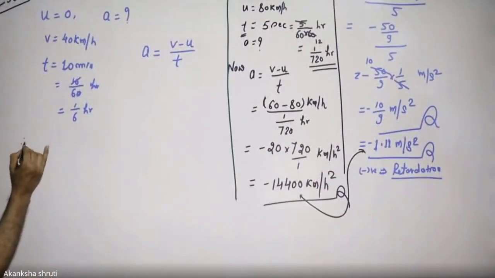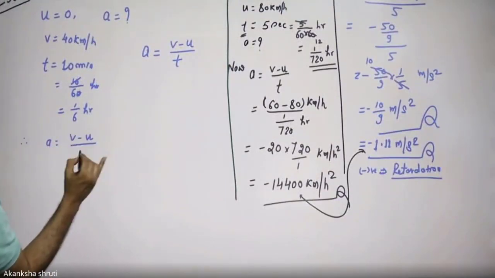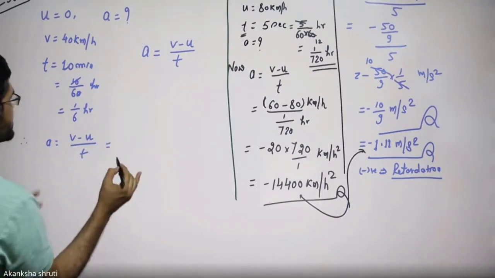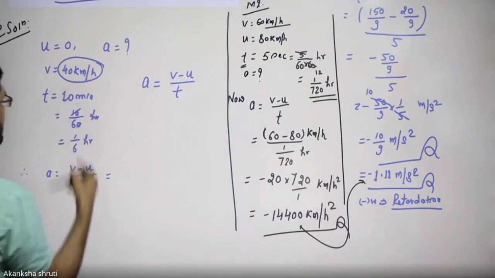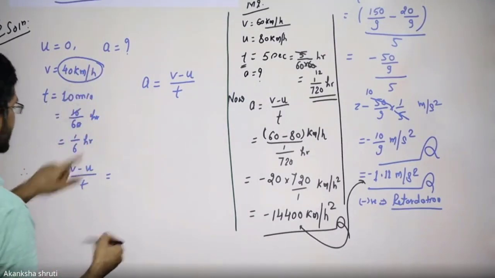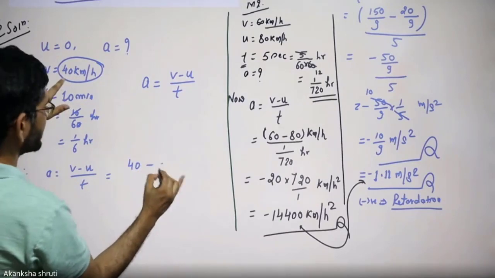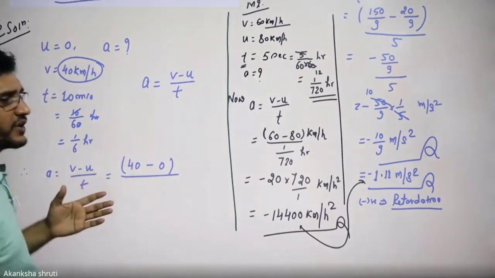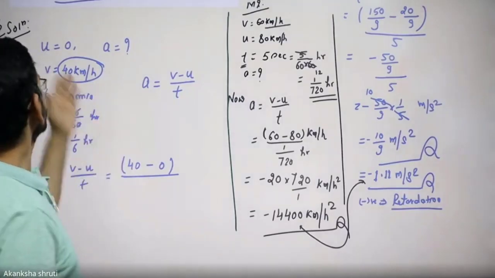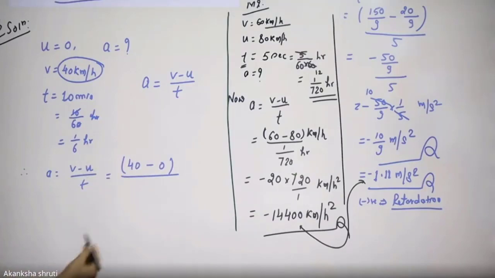Therefore, the acceleration a, which is given by v minus u by t, now we have to substitute. Keep in mind, v is in kilometer per hour, that's why t is converted into hours. So put 40 kilometer per hour. The u started from rest, so the unit is not important because the initial speed is 0. Whatever the unit, it will remain 0.